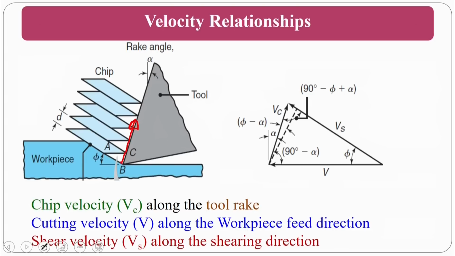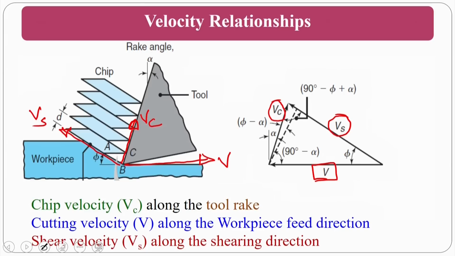At the same time, the cutting velocity is along this direction, that is V, which is nothing but Vc, and the shear velocity will be in the direction of shearing. The velocity V is the cutting direction, I am just telling you the directions because machining is taking place, and the shearing velocity is taking place here, and my chip velocity is moving in this direction.